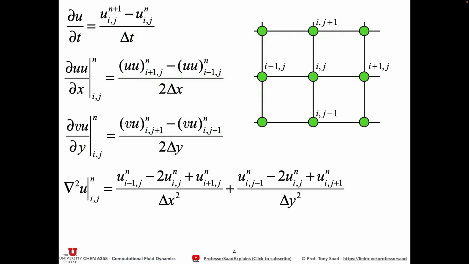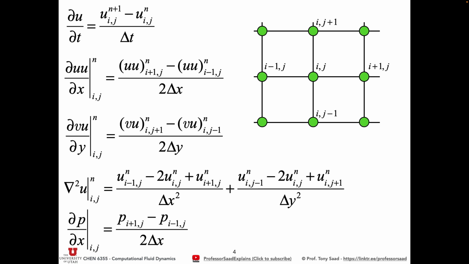Finally, for the diffusion term for the x momentum, it's the Laplacian, or the Laplace operator, on u, del squared u. It's u_(i-1) minus 2 u_ij plus u_(i+1) over delta x squared. So this is the second derivative in x for u, and likewise the second derivative in y for u. Okay? And finally, we have a pressure gradient. We will also use a centered difference scheme.